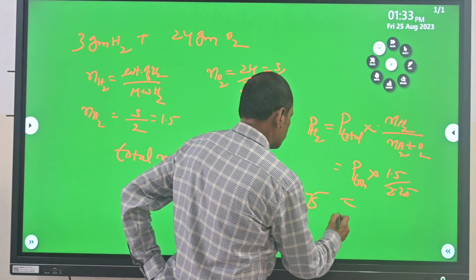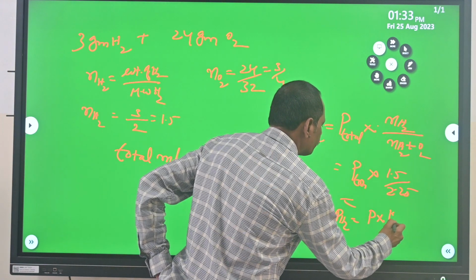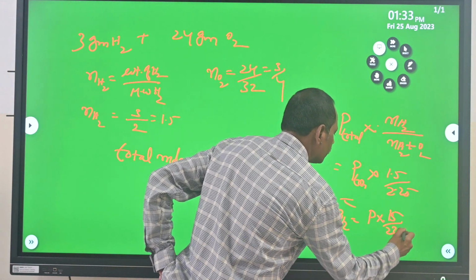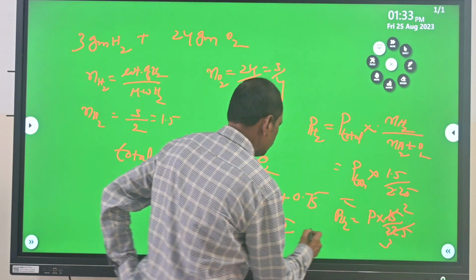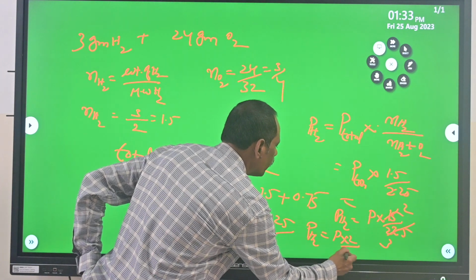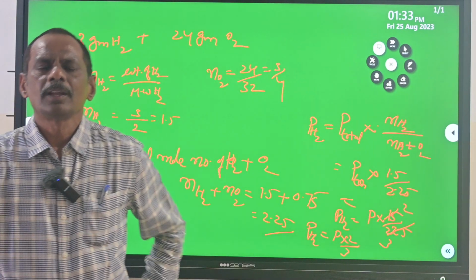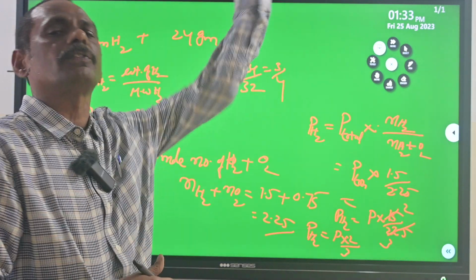That is the partial pressure of hydrogen is equal to the total pressure into 15 by 22.5, or 7.5 2s are 7.5 3s are. Therefore partial pressure of hydrogen is equal to the total pressure into 2/3. So in that mixture the partial pressure of hydrogen is 2/3 of the total pressure.